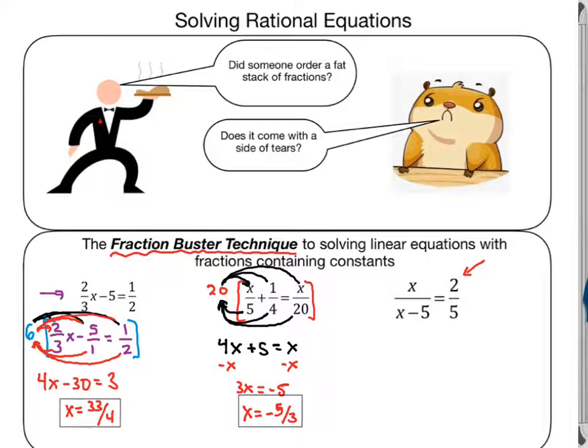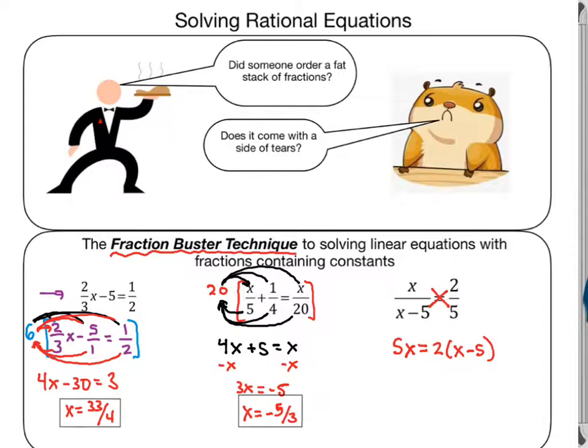For cross multiplication, it pretty much is what you would think it is. It has to do with cross multiplying like this. So we go 5 times x, which gives 5x, and that goes on one side of the equal sign. Then I multiply the other two, and I get 2 times x minus 5.